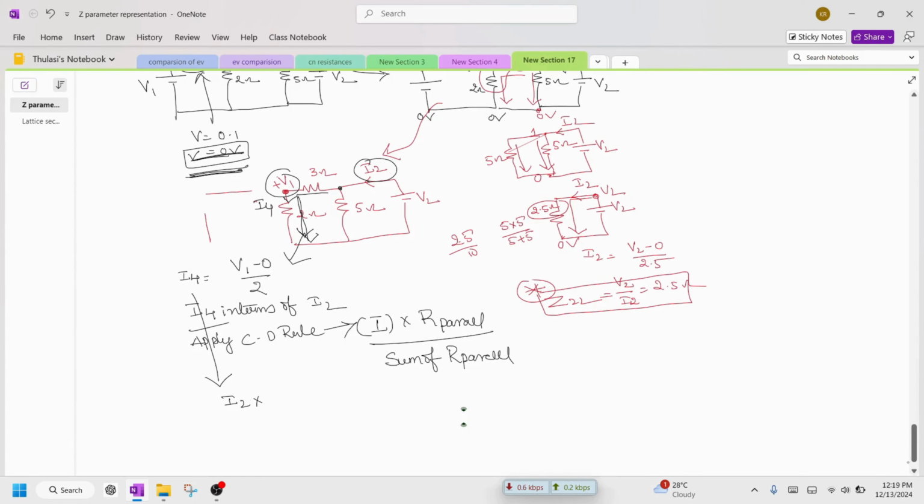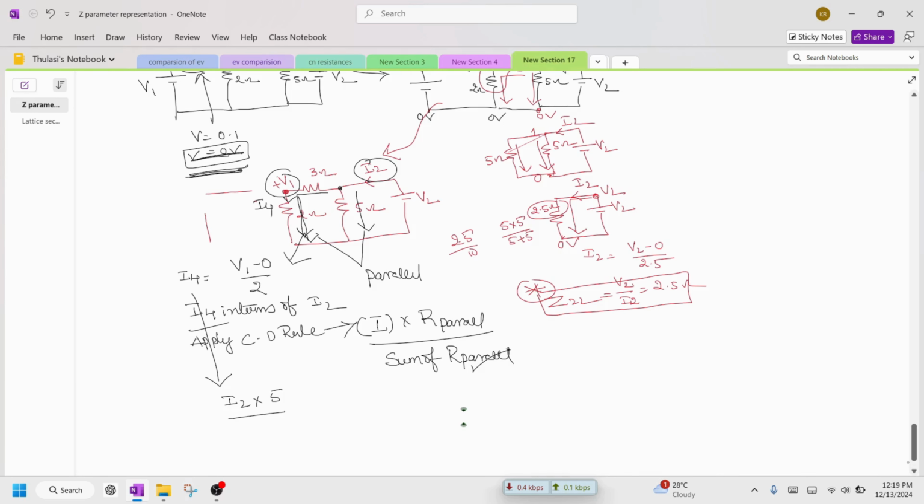I want the current in this branch. This is one branch and this is another branch; these two branches are connected in parallel. What is the branch in parallel to this 2 ohm? It is 5 ohm. So write 5 ohm divided by the sum of resistors connected in parallel.